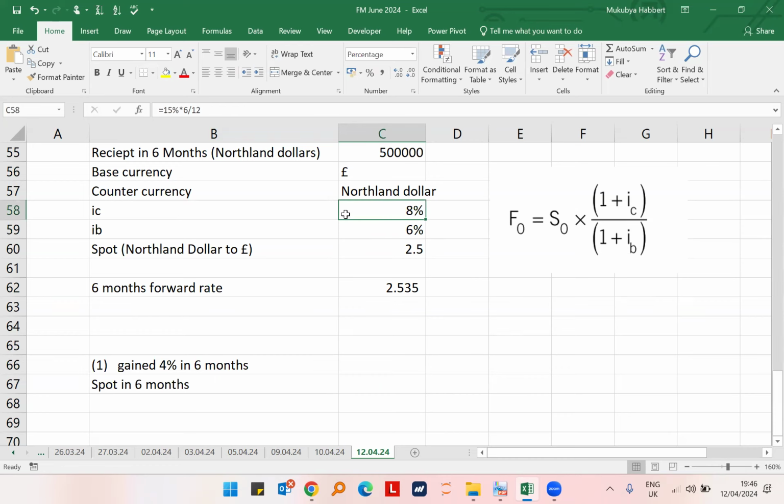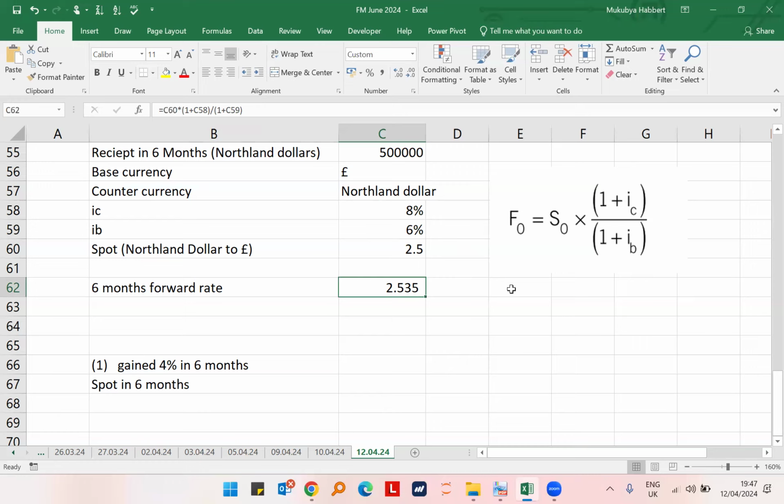You need to identify that the one of 15 is IC, and the one of 12 is IB. Do you have those figures 8 and 6 here? Yes. Then when you are doing it, you multiply the spot, which is 2.5, by bracket 1 plus the counter currency, which is the 8%, divide by 1 plus the base currency, which is the 6%. Is that what you have done?